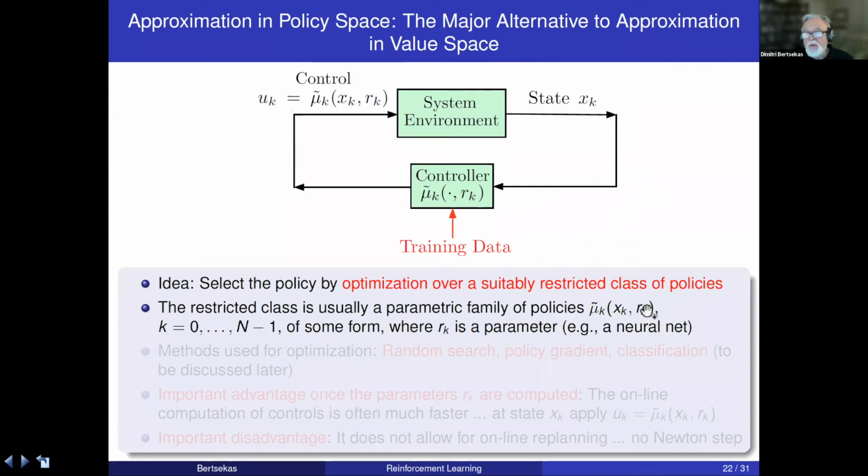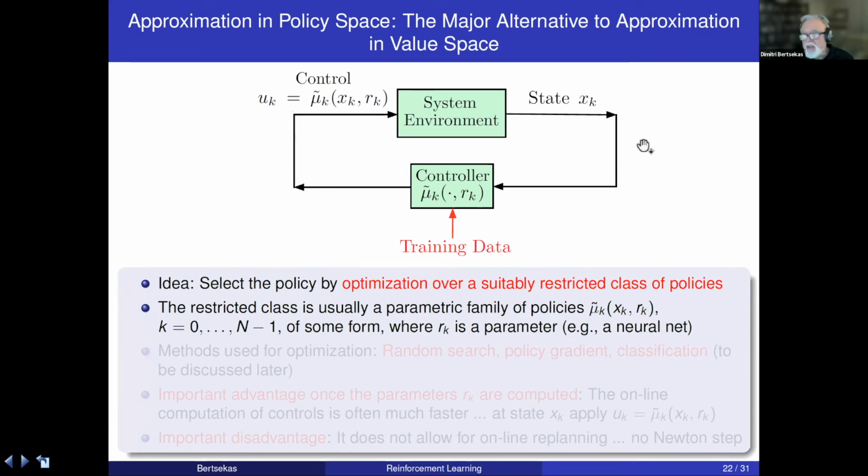An example is a neural network that provides you maps from x_k, from state to control, that depend on the weights of the neural network. And in approximation in policy space, involving such a parametric family of policies, we optimize with respect to the parameters so that we get a controller that's good for our problem.